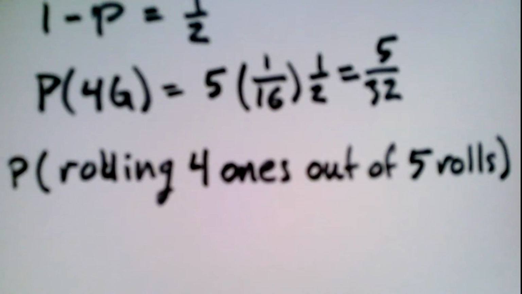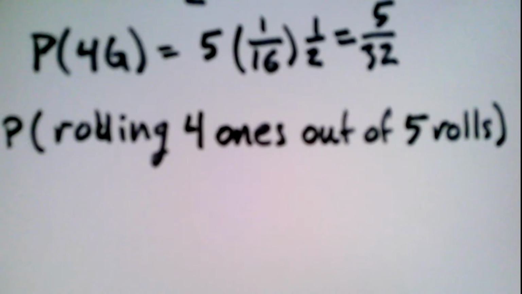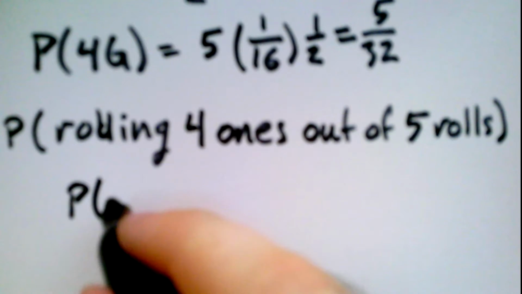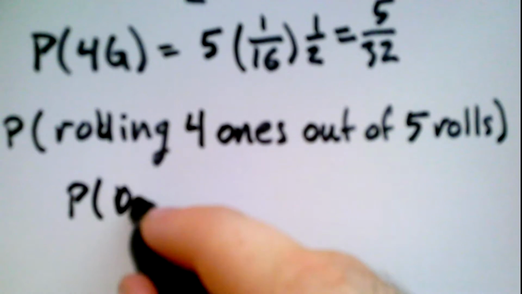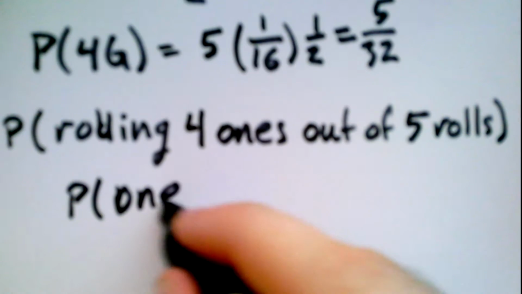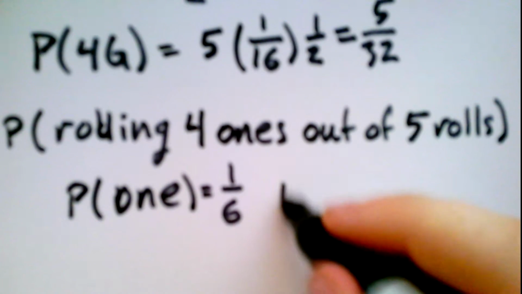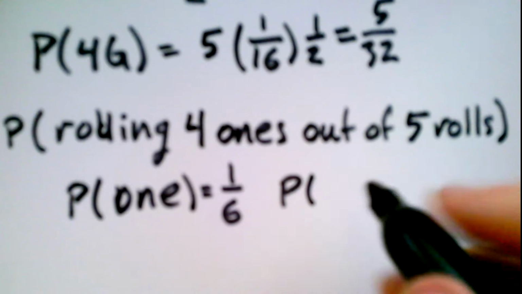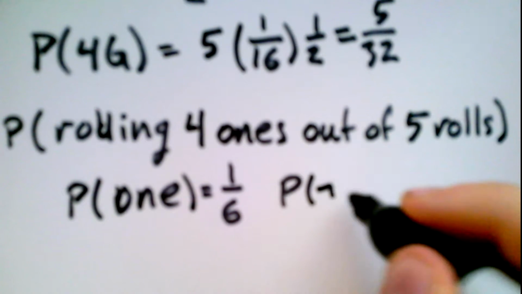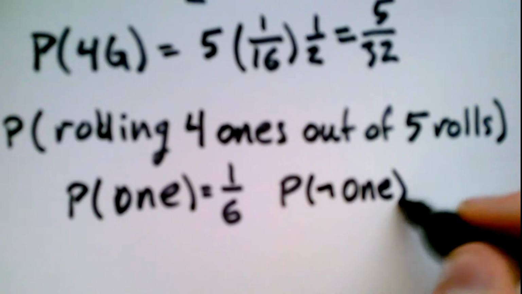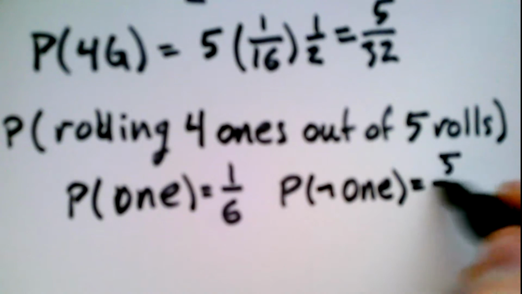Okay, probability of rolling 4 ones out of 5 rolls. So the probability of rolling a 1 on a 6-sided die is 1 in 6, which means the probability of not rolling a 1, or getting a fail, is equal to 5/6.